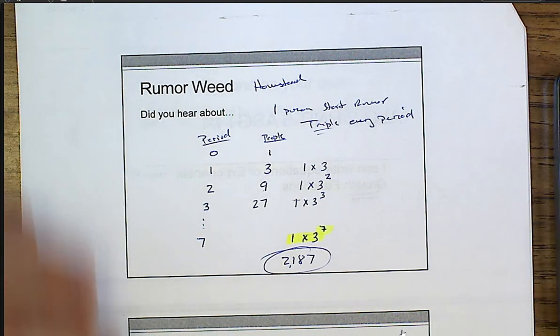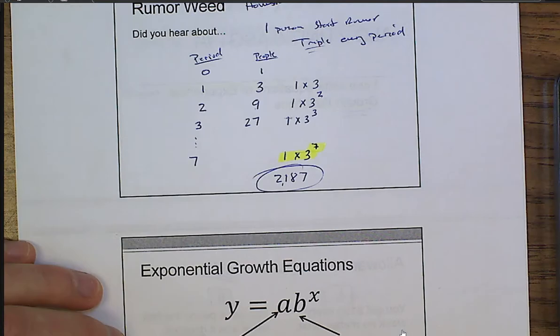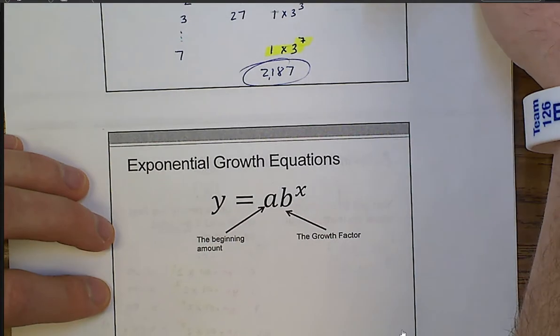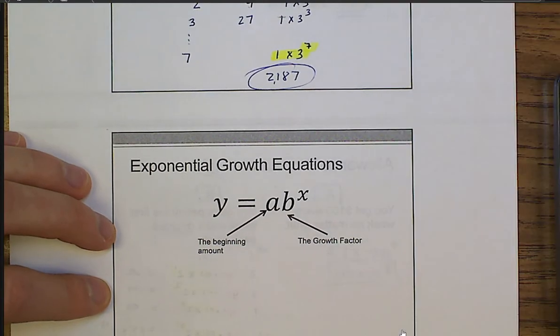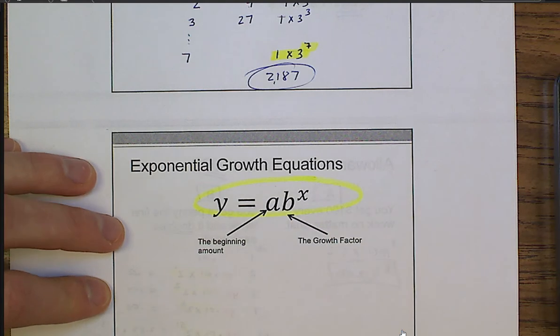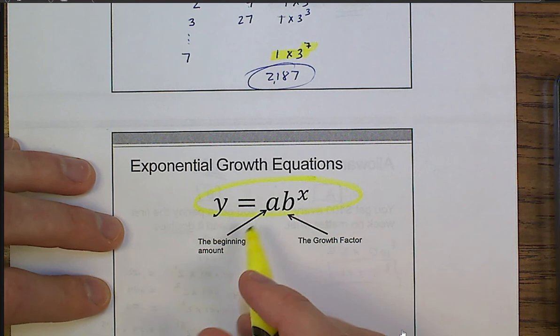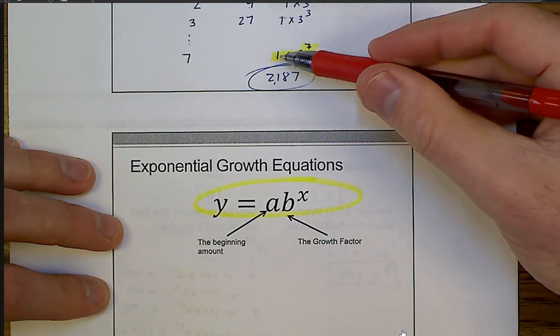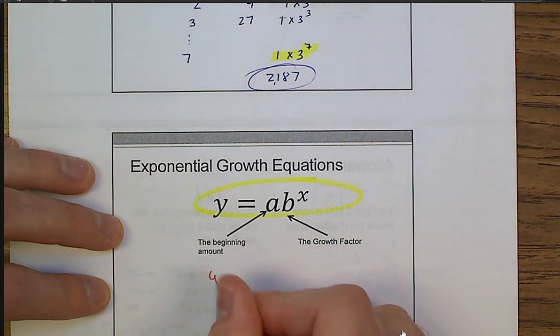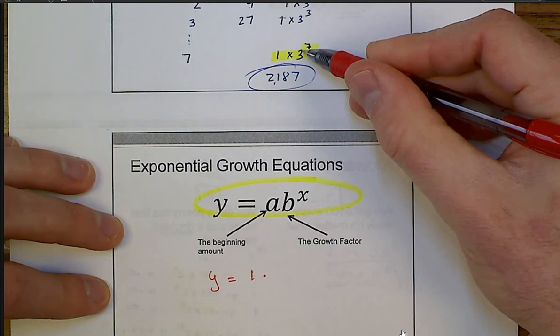So let's talk on this next slide about what you're looking at. I'll try to make sure that highlighted part is still visible. This is what we call the exponential growth and decay equation, and here's what each part means. The first part, the A, is our beginning amount. If you take the rumor equation that is still visible on your screen, what did we start with? We started with a 1. This would be like y equals 1 times 3, where 3 is our growth factor.